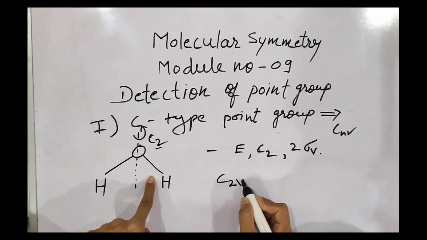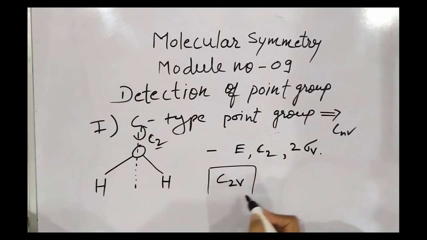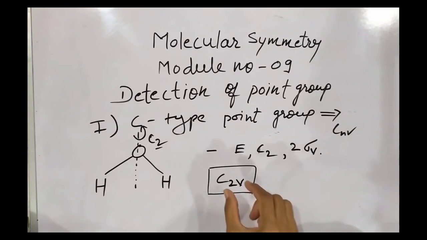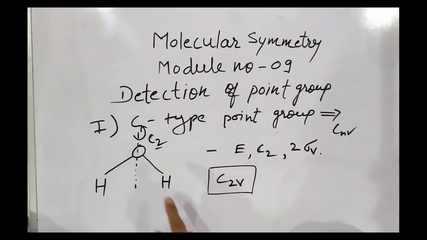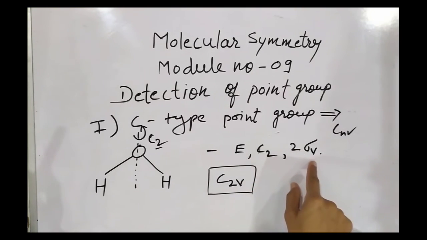It will be C2V. So you have to write it down like this, and then you have to make a square. You have to put a square box around the point group. The square box itself indicates it is the final point group of that molecule. Do not forget to put a square box around that point group. Alright. So this is the point group of the water molecule having these symmetry elements.